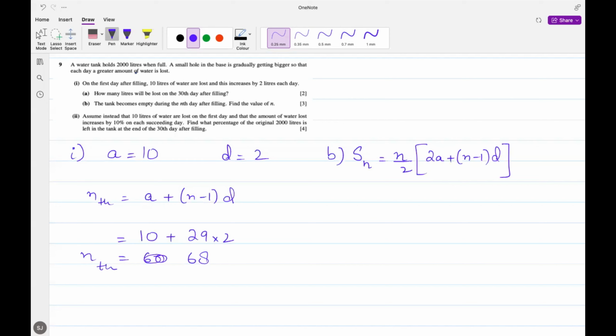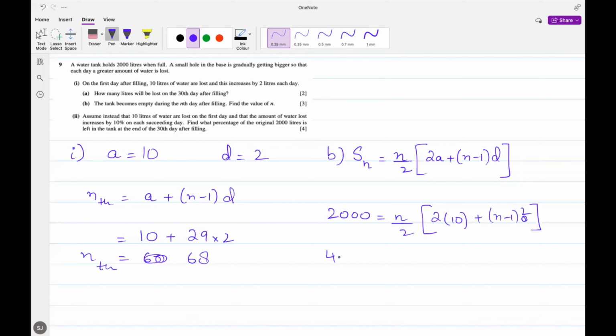We know that the total sum will be 2000, as it held 2000 liters when full. We do not know the value of n, so this will remain unknown. We know that a is 10, so this will become 2 into 10 plus (n minus 1) into 2, as the common difference was 2.